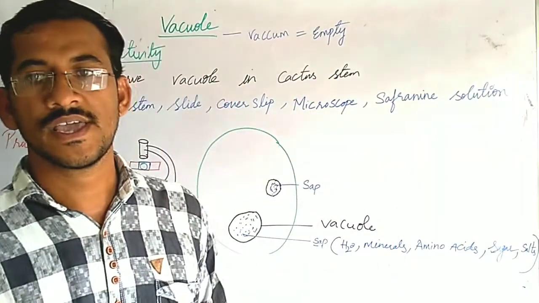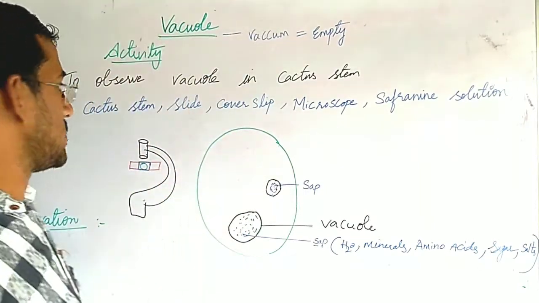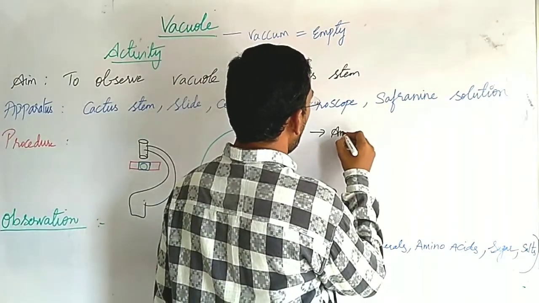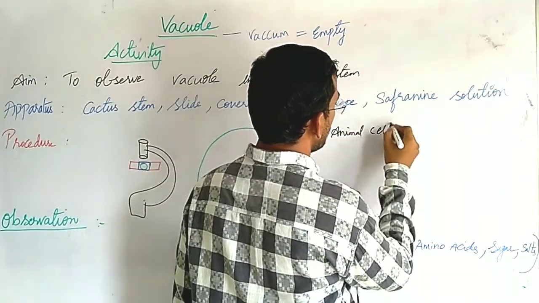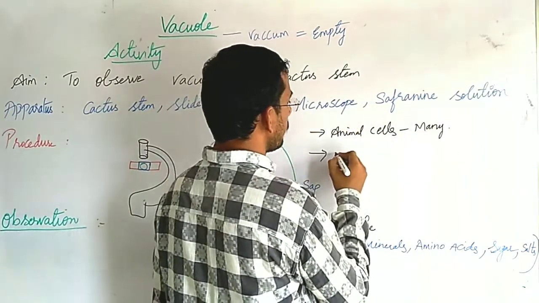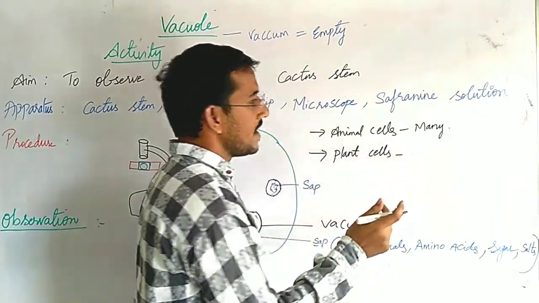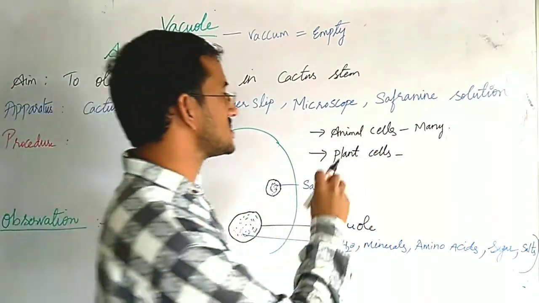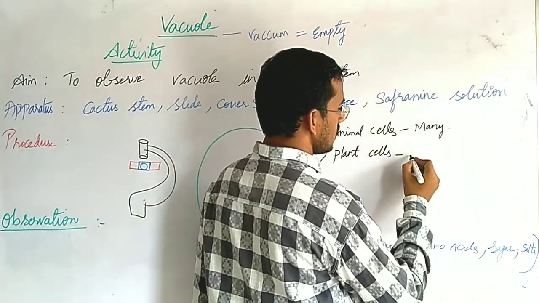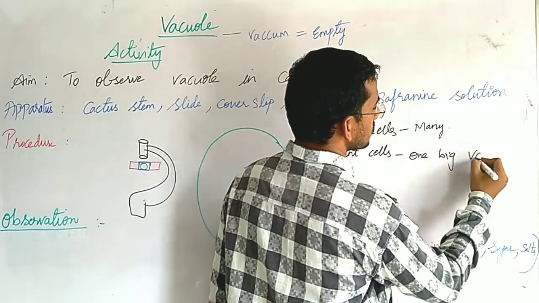These vacuoles in animal cell, many vacuoles are present. In animal cells, many vacuoles are present. But in case of plant cell, in the beginning, these many small vacuoles combine and form one big vacuole.